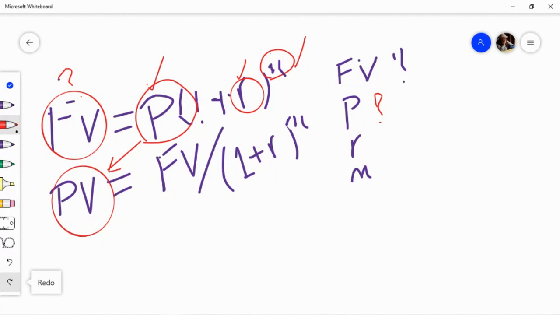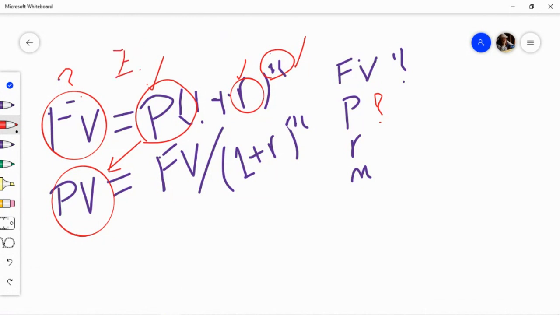In other words, I've been telling you, the key to solving any equation is to identify the z equals x times y structure. If you can identify the structure, you can solve for anything.